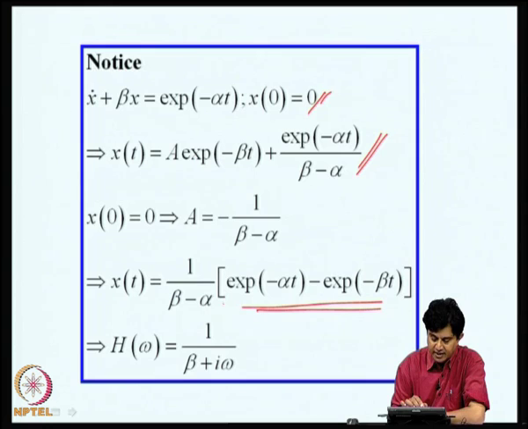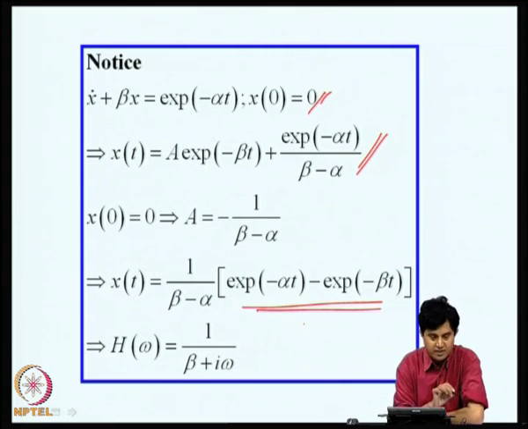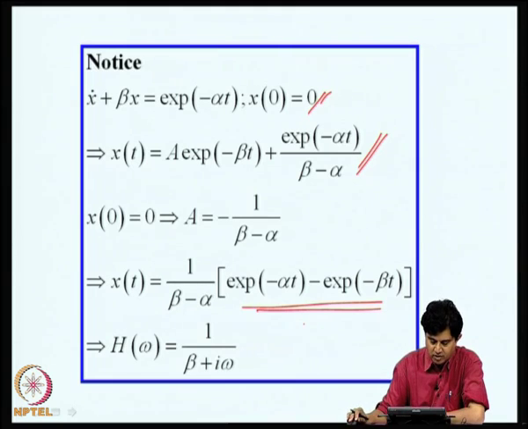That would mean that the underlying dynamical system of the given problem is simply x dot plus beta x equal to some f of t. Now, on this system if you apply white noise, you can show that you will get the same transfer function, 1 by beta plus i omega, and you can show that the power spectral density function would be similar to what we got by using the other argument.